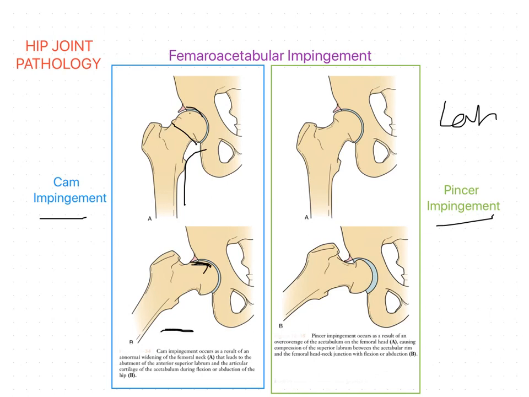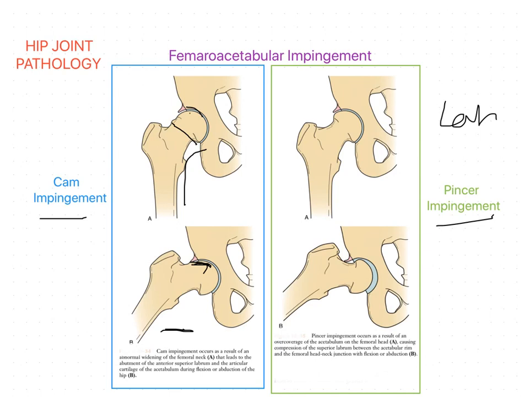This is what happens in cam impingement. We can see some cystic changes, and disorganization of the cartilaginous labral structures is also seen.